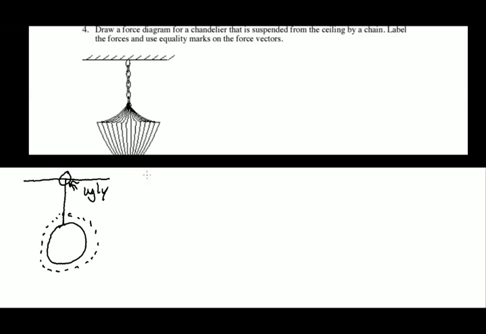Okay, so let's make a list of all of the interactions. We have the Earth, always the Earth, and we have this chain. We like the chain because this introduces a new word. This is called a tension. Tension is force in a rope. That's it. And here's the deal.